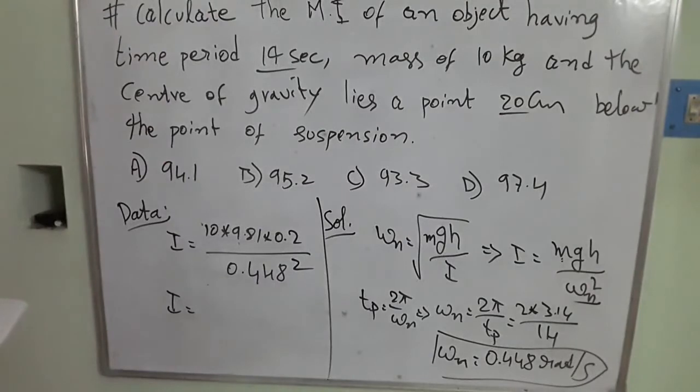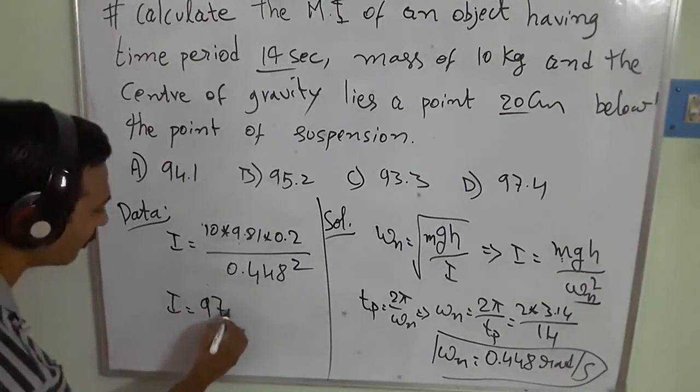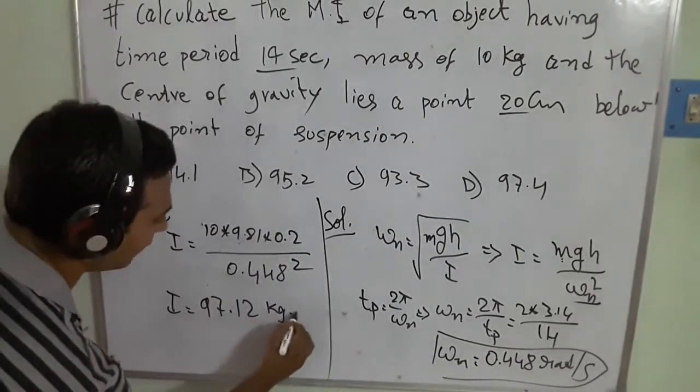So finally I is equal to 97.12 kg meter square, we got it.